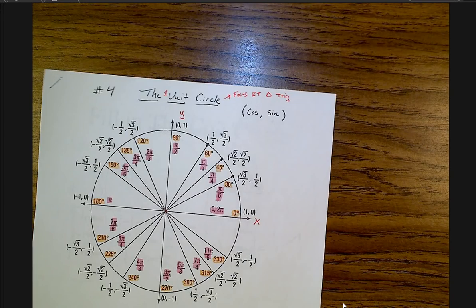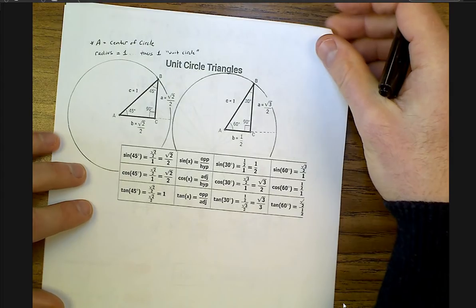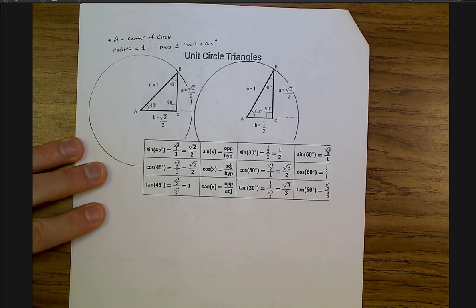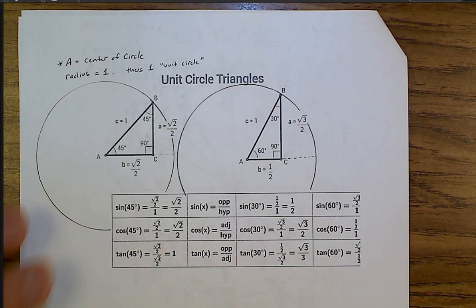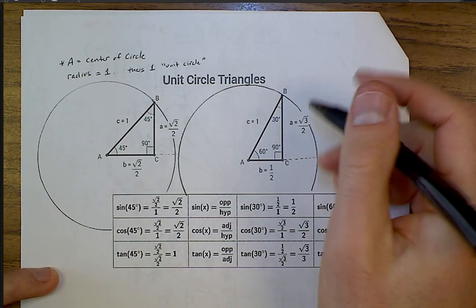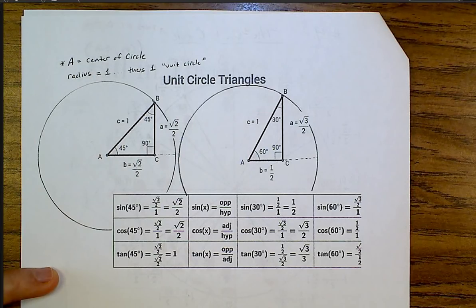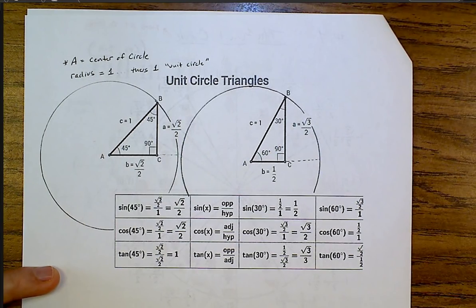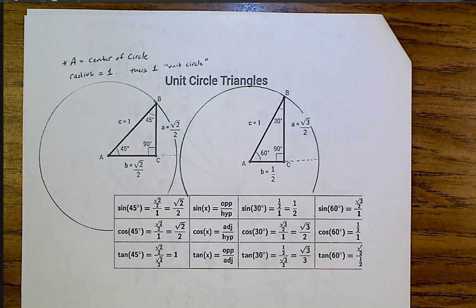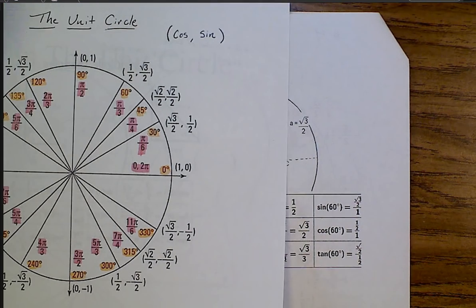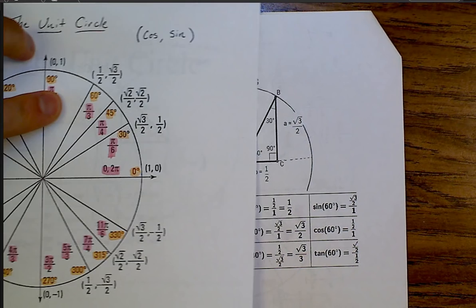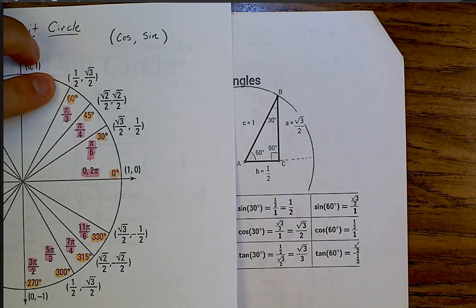So let's go to the next page, and what I wanted to show you here, I'll zoom in a little bit for you, is how we create all of these points. How we were getting all of these points around the outside. For example, showing you how we are getting 1/2 comma square root of 3/2 for a 60-degree angle.